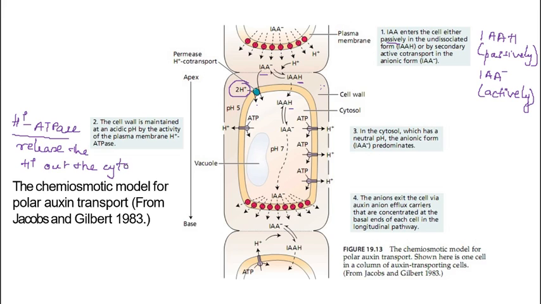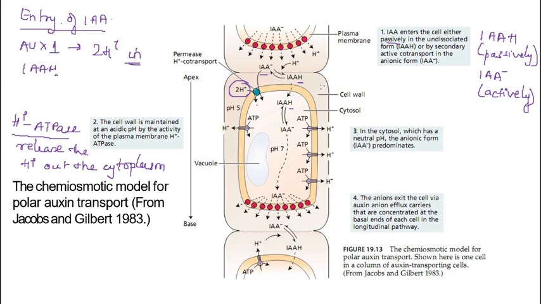If I summarize the two processes of entry of IAA, in both processes H plus is entering into the cell. Through AUX1, 2 H plus are entering in. Through IAAH also, H plus comes in.